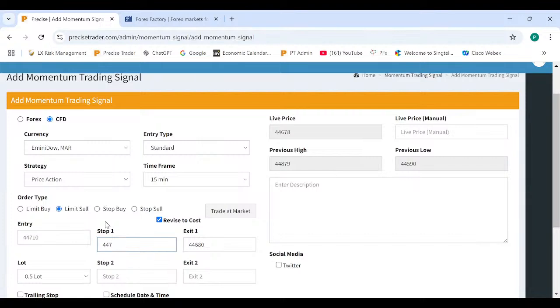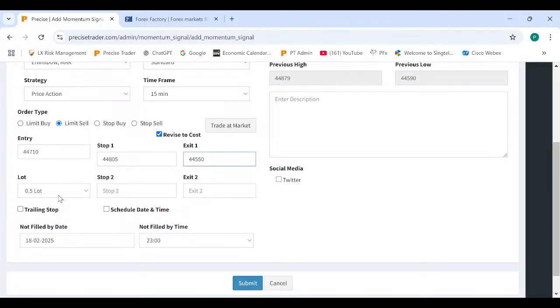Okay, so we'll try to sell at 44,710, and stop loss should be above about 805. Actually we can put a very tight stop at 780, but I would want to put it slightly higher. Then our TP should be at 44 5 half. This is half lot, and this is until 1 hour.